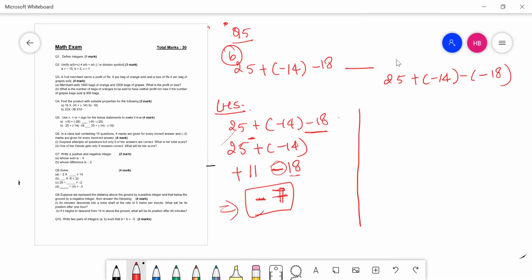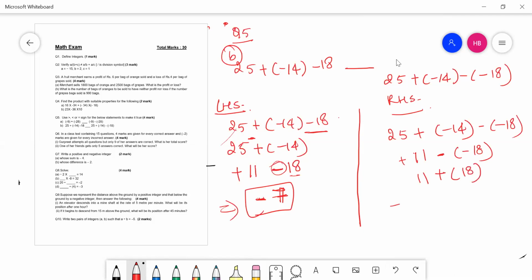Now let's see the RHS part. Let's do the first part of the question, which we already know. The answer is plus 11. Now I'm doing minus of minus 18. I know that I'm doing subtraction, so I convert the minus operator into plus and take the additive inverse of minus 18, which will be plus 18.